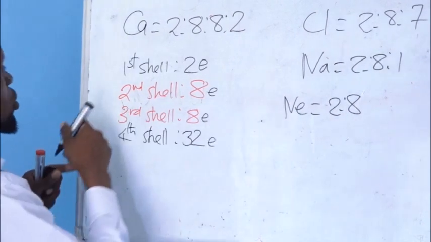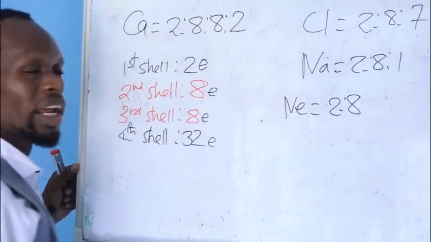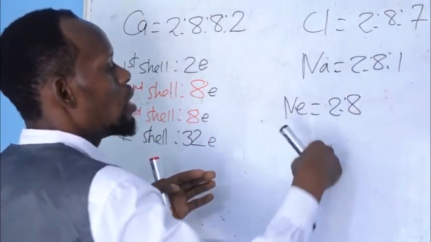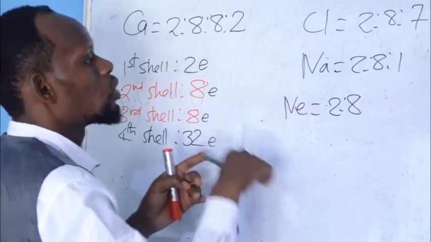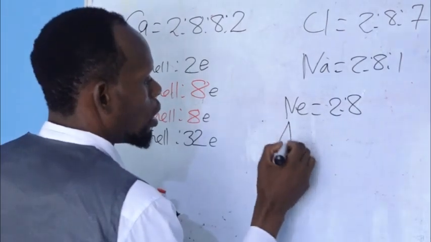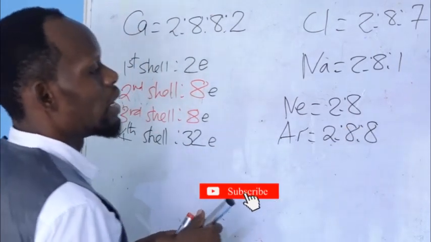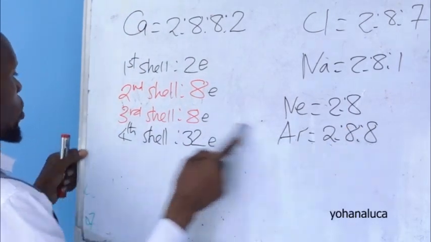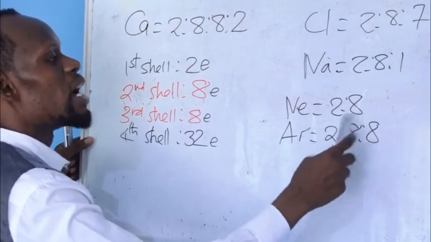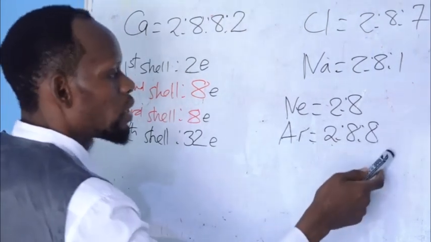You see, the second shell has the maximum 8 electrons, full. So it does not need to gain or lose electrons, and it is stable. Argon is 2,8,8. Here the third shell has 8 electrons, the maximum. So it does not need to gain or lose electrons.